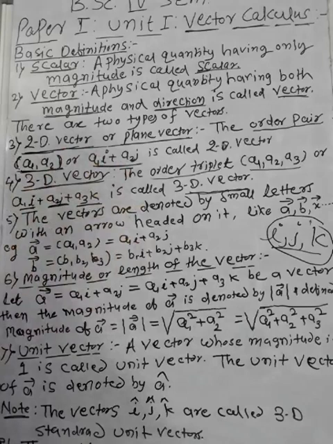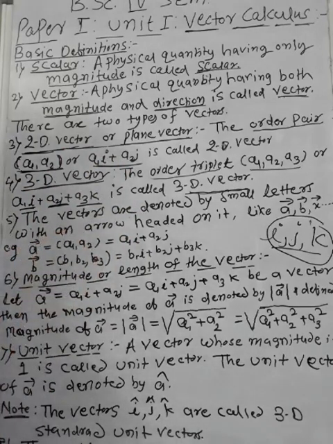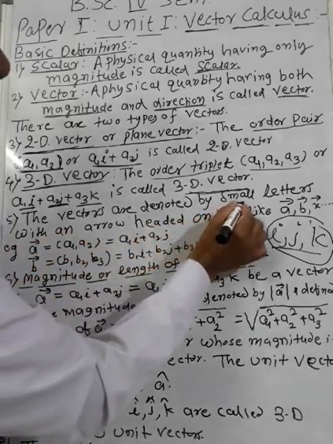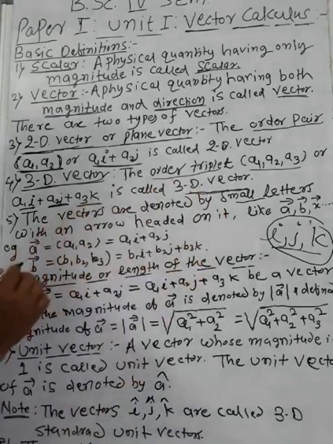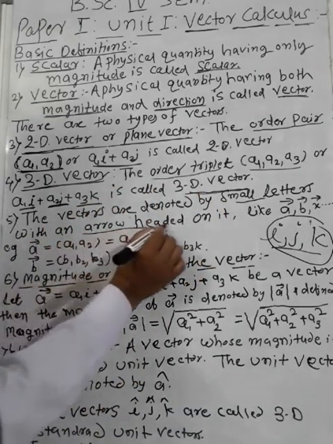Then what is the notation to denote the vector? Always we denote vectors by small letters with an arrow on top.